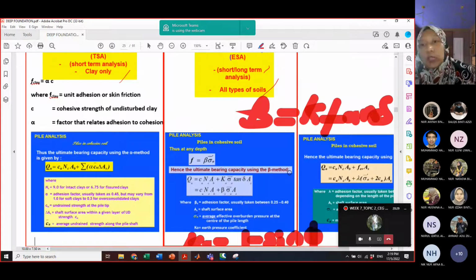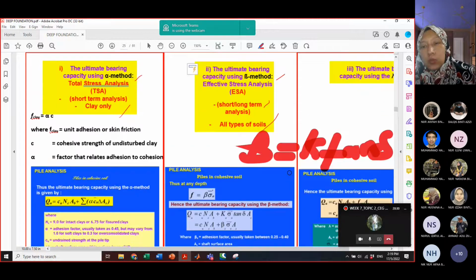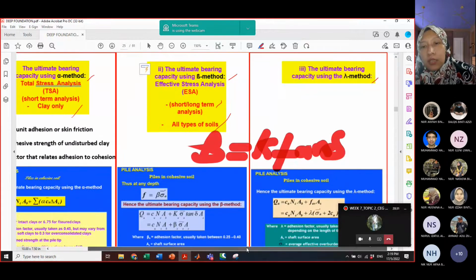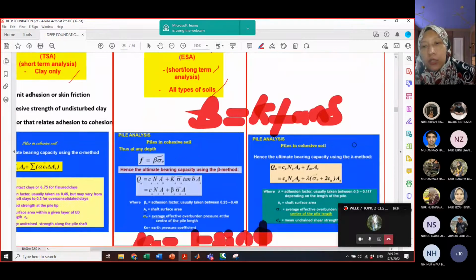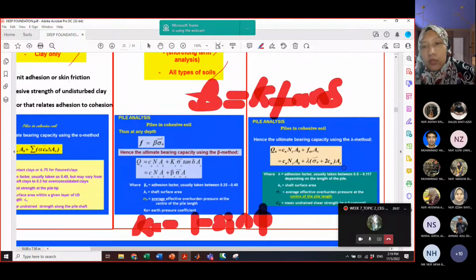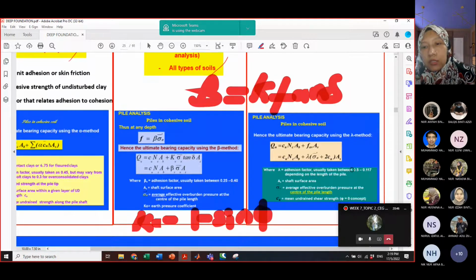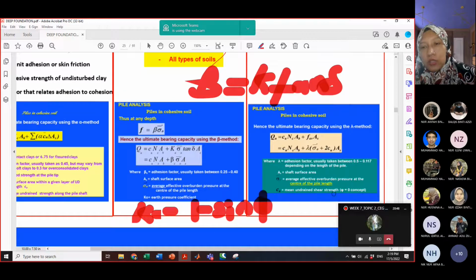Okay, for the next method, which is the lambda method. The lambda method, if you look at this one, the addition factor is usually taken between 0.5 to 0.117. So it depends on the mean and mean shear strength, which the concept assumes that the internal friction angle is equal to 0.